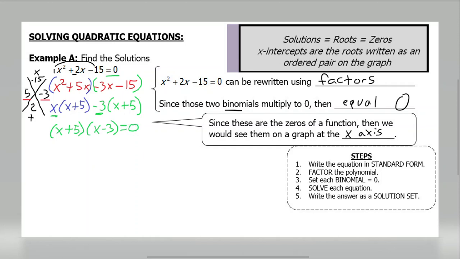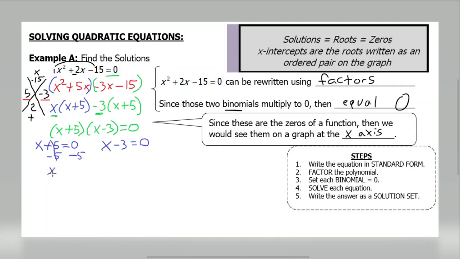So since I know that's equal to 0, I can set each of these binomials now equal to 0. So x plus 5 equals 0, and x minus 3 equals 0. So now I can solve for x. If I want to get x alone, I would do minus 5, right?